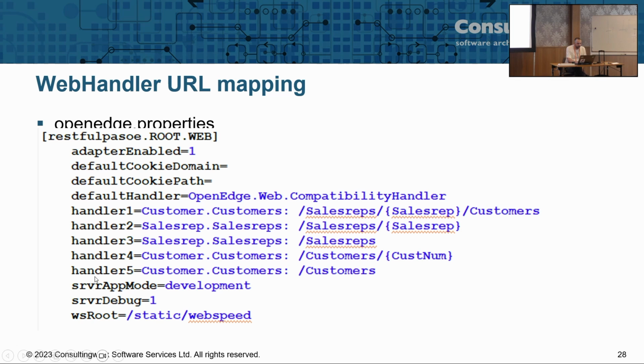What can we say more about this? Well, we see here handler number 4, and we see its customers with a customer number that will return a single record. Handler number 5 will return a collection of records.